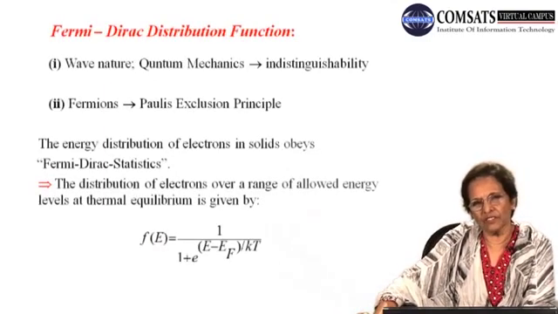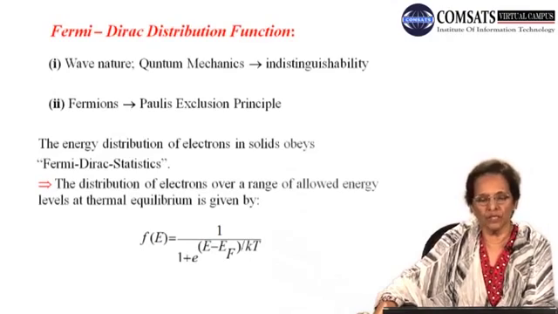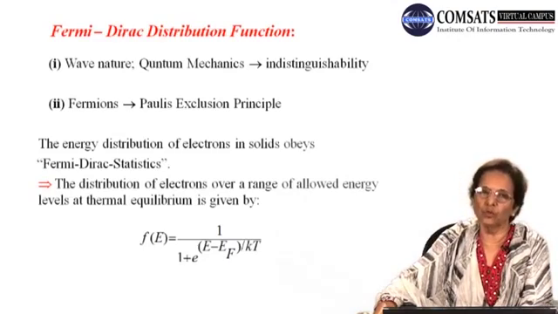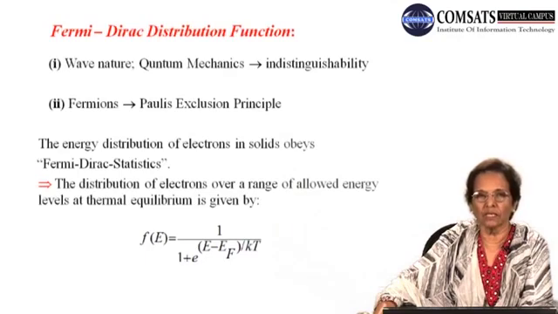What different parameters does this Fermi-Dirac distribution function take into account? They are listed. There are two fundamental ideas that we must take into account. The first is, as I mentioned earlier, electrons have particle-like nature as well as wave-like nature.